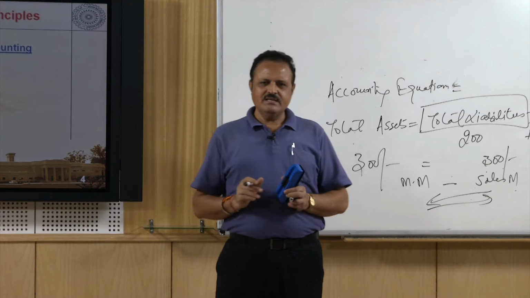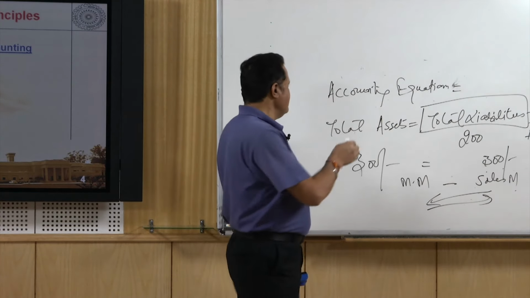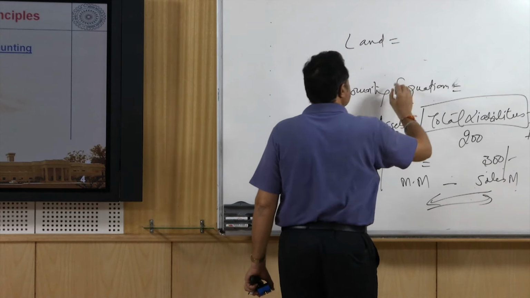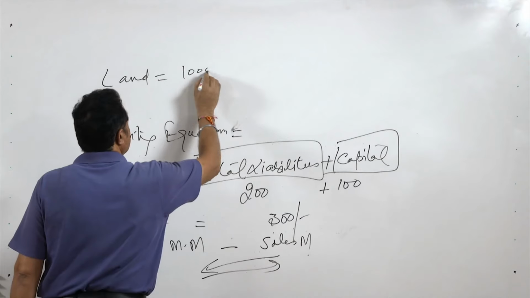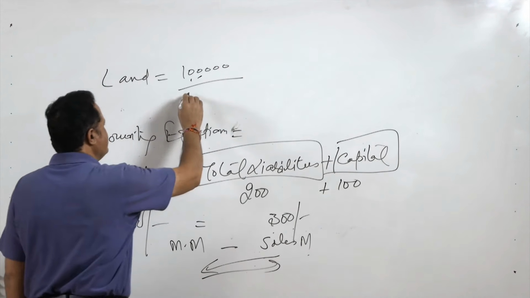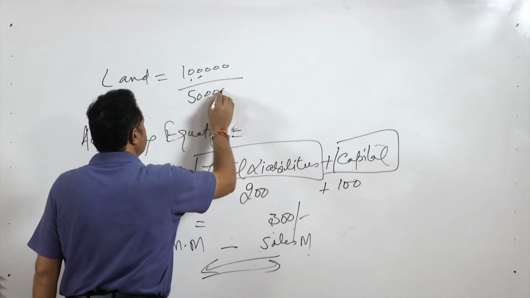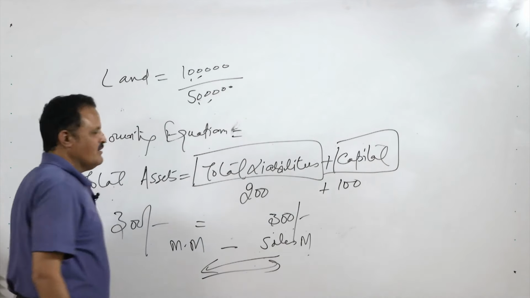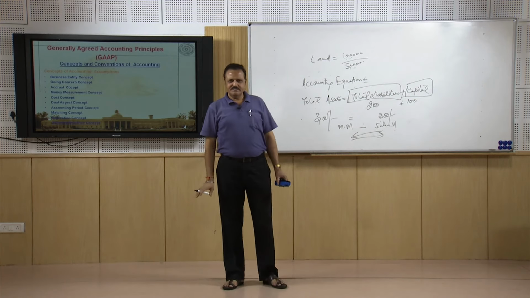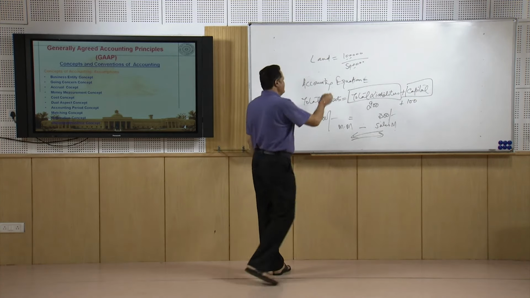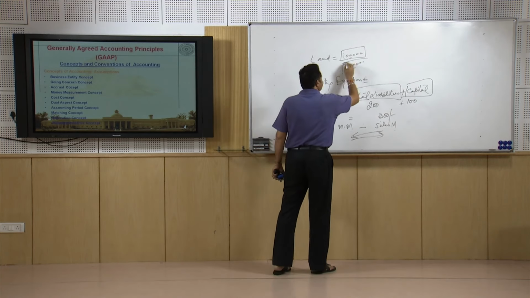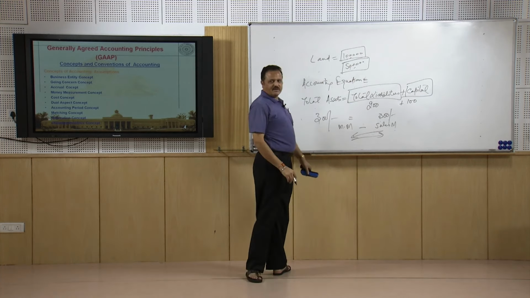Now, for example, the business has an asset like land, and land was purchased say 5 years back for 100,000 rupees. And today the price of this land is say 500,000 rupees. But in our books of accounts, till the business exists, we will keep on showing the land at 100,000 rupees and we will not show it at the revalued price.